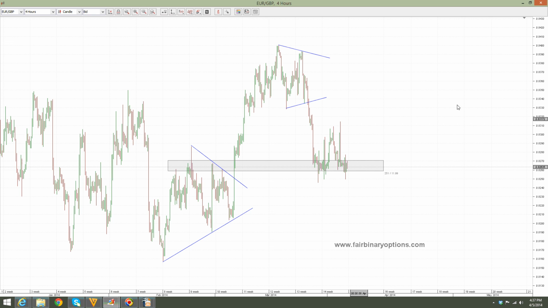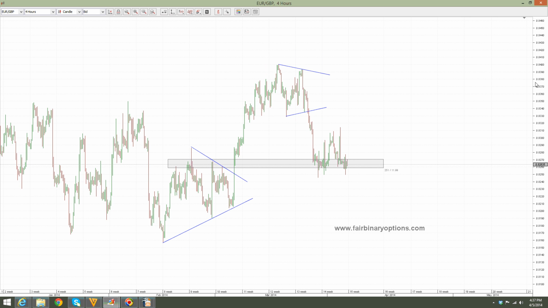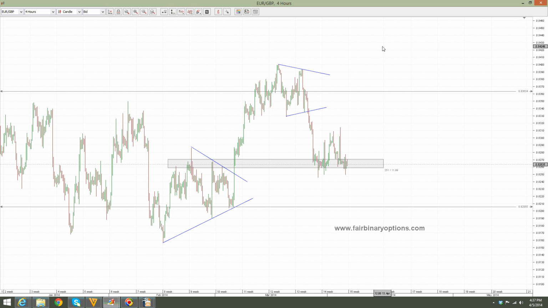So I would say that this move to the upside is only a wave A, and this move to the upside goes from here, from this moment of time to here, and it should be labeled A, B, C, X, and then A, B, C, D, E, and this should be the whole leg of a triangle.